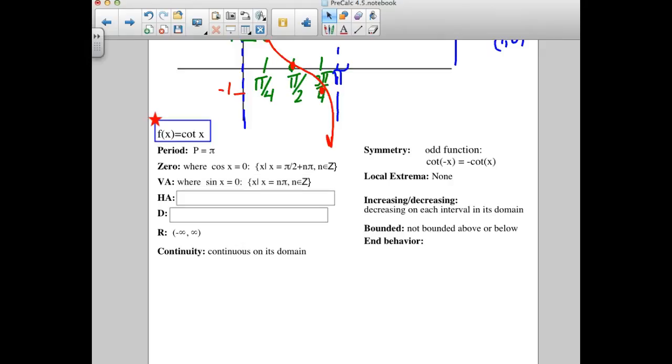So they're going to start at 0 and go to each pi after that. How about horizontal asymptotes? None. Domain tied to vertical asymptotes. So you're taking the same thing you had for vertical asymptotes, you're just putting a not equal sign in there.